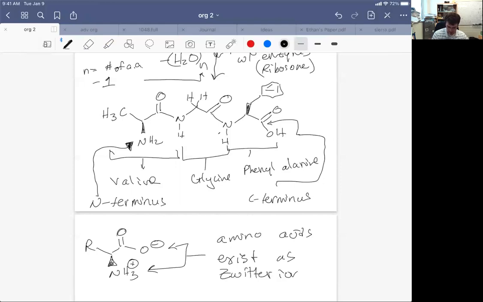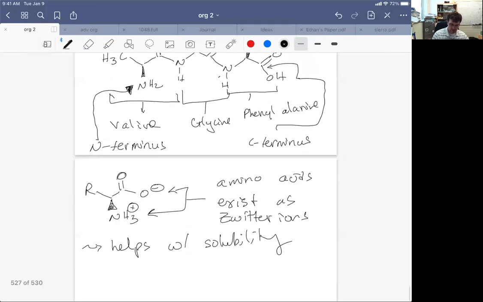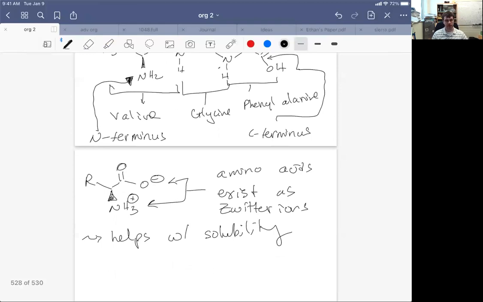So these things exist as zwitterions. This helps with water solubility. By having these charges present, we can now more effectively hydrogen bond with water and get our amino acids solvated into the solvent of life, which is water.